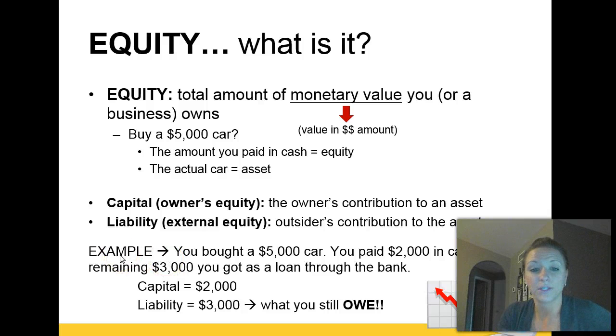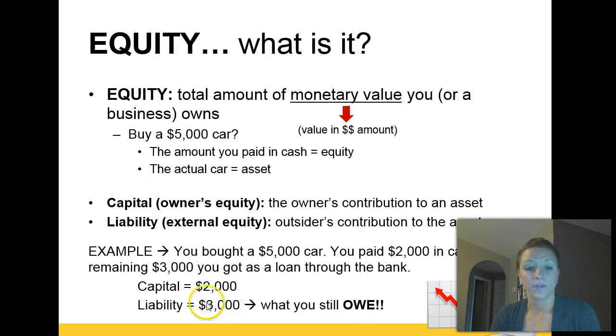So for instance, let's go back to buying that $5,000 car. Say that you put $2,000 towards the car, and then for the remaining $3,000 you got a loan through the bank. So the capital or owner's equity of that car is $2,000. That's what we contributed, and we own $2,000 worth of the car.